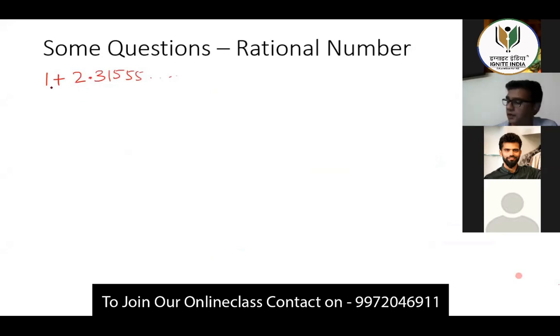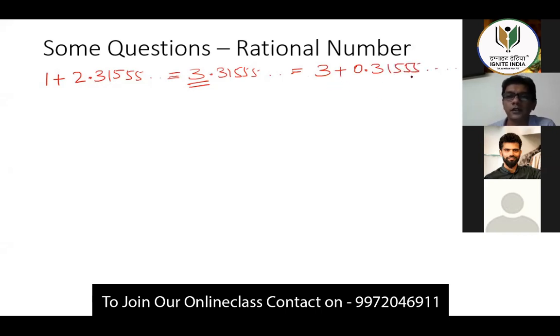Now you can basically write this as 3.315555 and so on, right? Now how do I convert this into a P by Q form? So what we can do here is we can take this integral value 3 separate, and what am I left with? 0.31555. This is what I'm left with, correct?